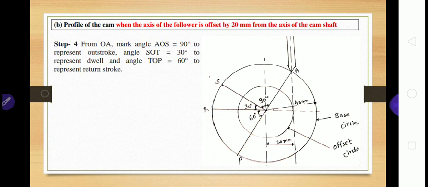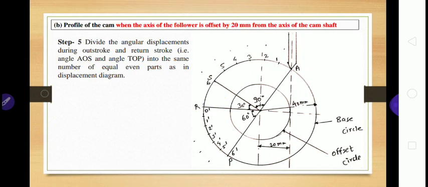These angles must be accurate so that your answer will be accurate. After drawing these angles, the next step is to divide these angles into an equal number of parts for the outstroke and return stroke only. How to divide? This angle during the outstroke is 90 degrees. 90 divided by 6, because we have to make 6 equal parts, because in the displacement diagram also we have made the outstroke and return stroke into 6 equal parts.